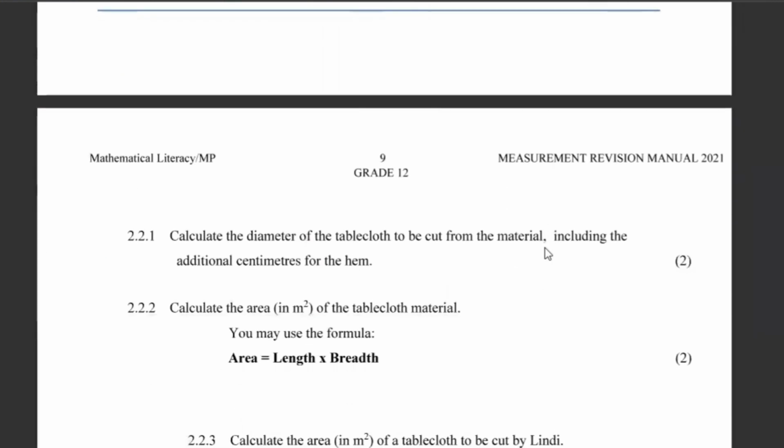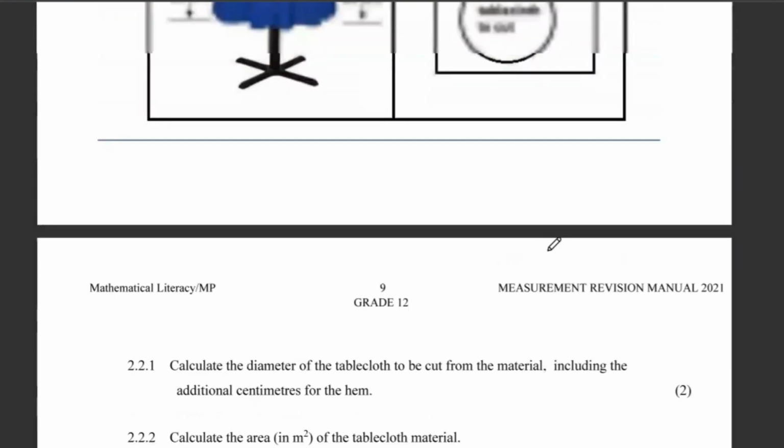They are telling us, calculate the diameter of the tablecloth to be cut from the material, including the additional centimeters for the hem. Okay.